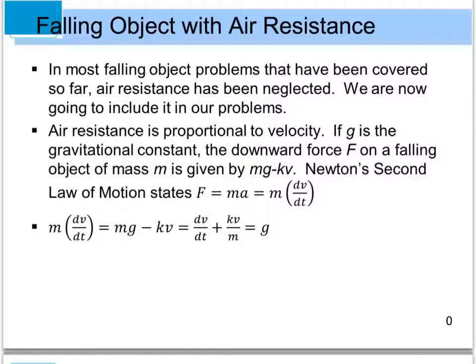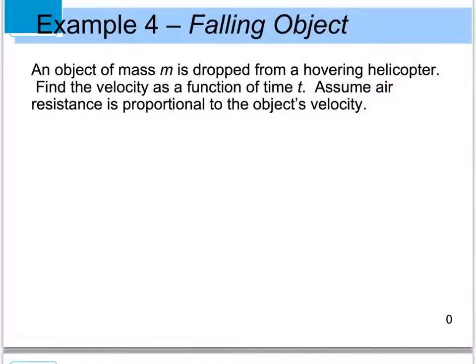So I can actually set this up as mass times acceleration, which is m dv/dt, equal to mass times a gravitational constant minus a constant times our velocity, which is also equal to dv/dt plus that constant times velocity divided by mass, and all of this is equal to gravity, or the gravitational constant.